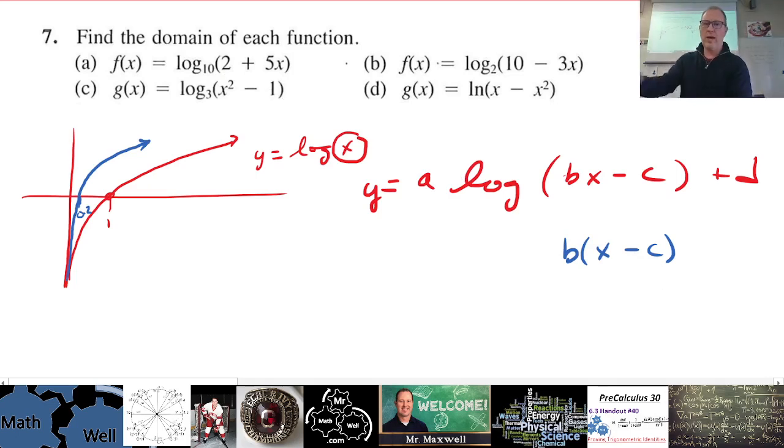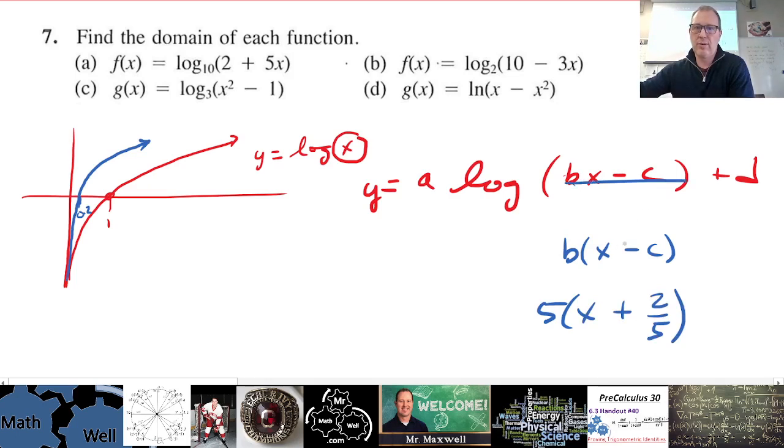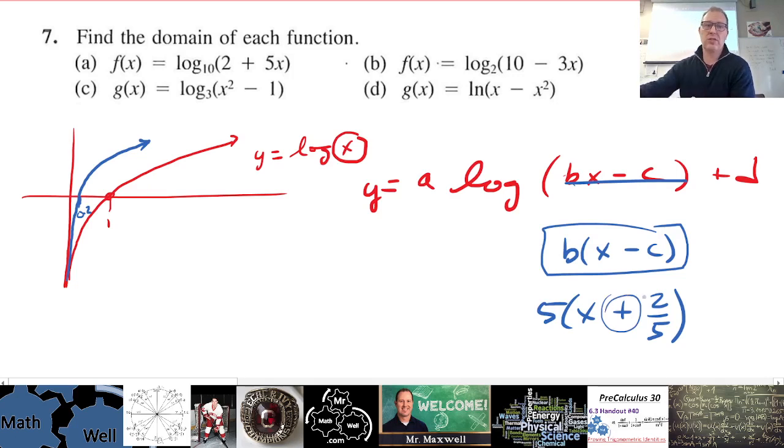So what we think is that this should be 5x plus 2 over 5. That would follow this form. And it looks like this should move over by 2/5. So that's 0.4 to the left. So from the transformations that we've studied in Pre-Cal 30, that's what it's looking like.